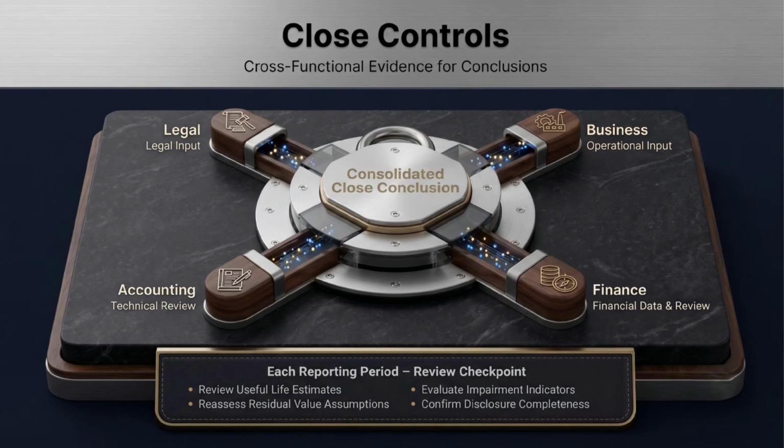Senior management supports strategy and useful life assumptions. Accounting then reviews useful life, residual value, impairment indicators, carrying amounts, amortization methods, and disclosures each reporting period. A conclusion without evidence is just a memory exercise, and auditors do not audit memories.